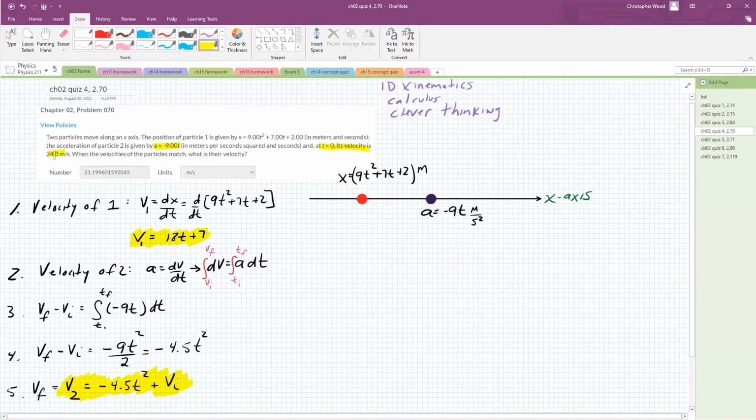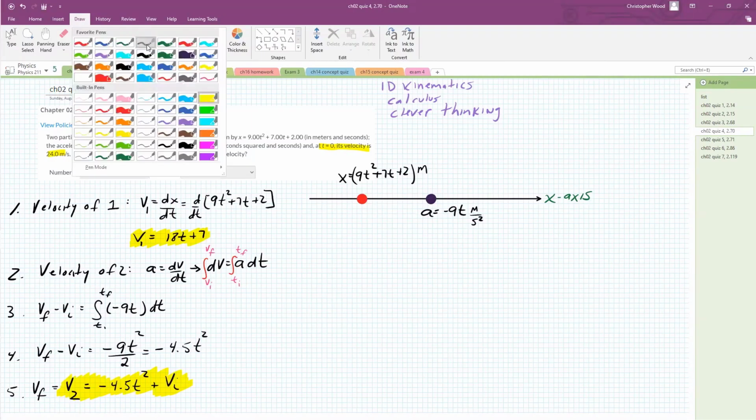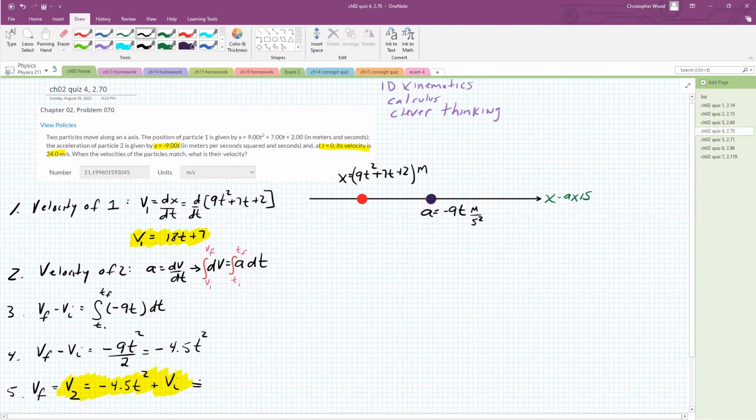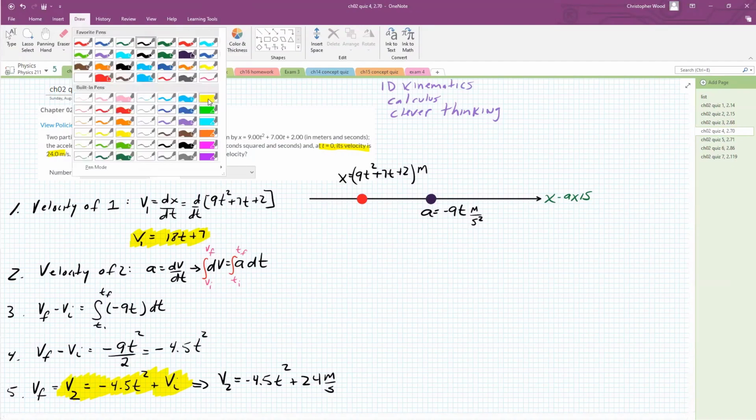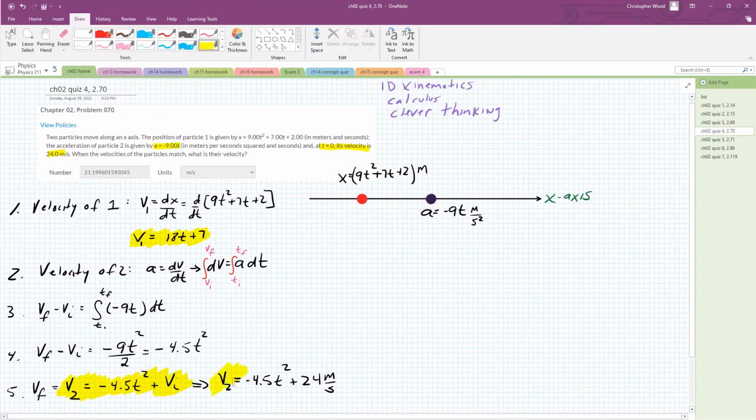So that answers that question. So really, my truly updated velocity function should be this, since I do know the initial velocity. So the velocity of particle 2 is going to be negative 4.5 t squared plus, when time equals 0, the velocity has a value of 24 meters per second.